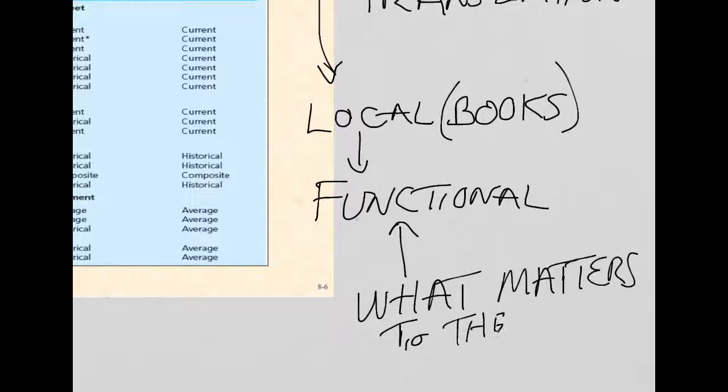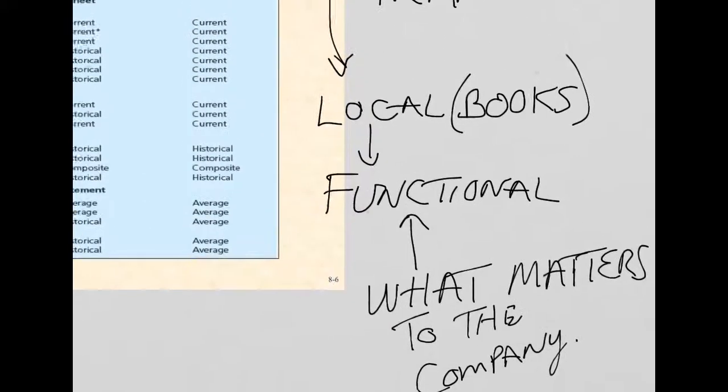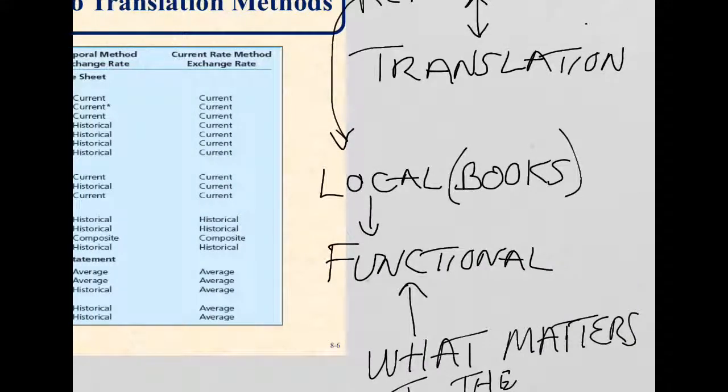And that's a very lazy man's definition. I certainly encourage you to look at the textbook a little bit more to get your arms around the concept of what's functional. It's a tough call oftentimes to make the distinction between local and functional. But in a loose manner of speaking, it's the currency that matters to the company, is my way of looking at it. This part is the remeasurement.